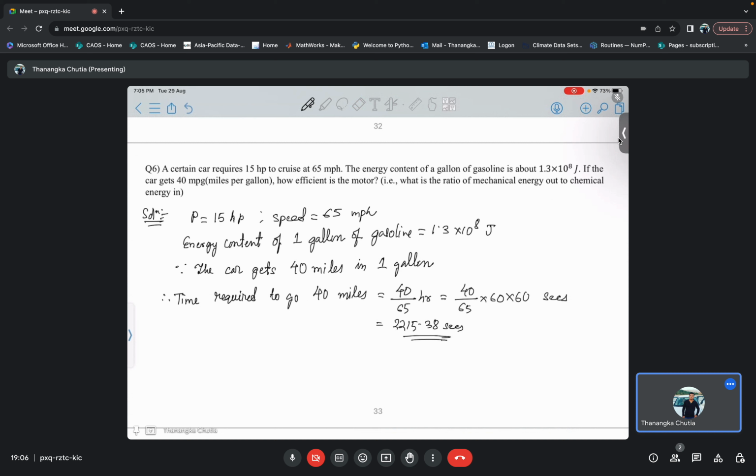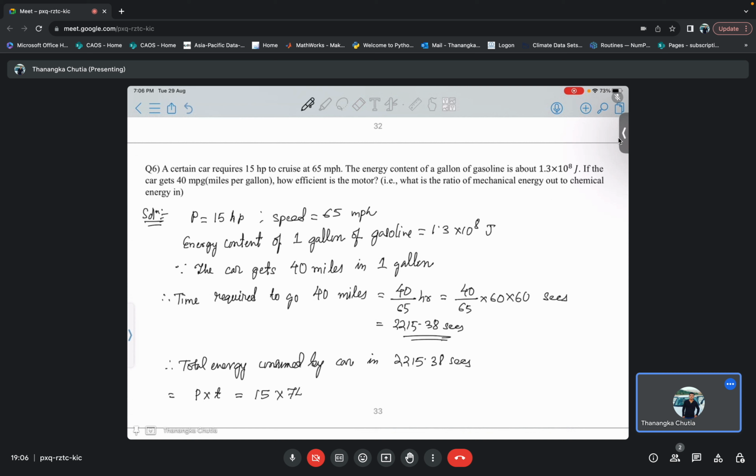So the total energy consumed by the car in 2215.38 seconds will be what? It's nothing but power into time. That will be in joule. So what is your power? It's in horsepower, so 15 horsepower, and I'll convert this into watt.